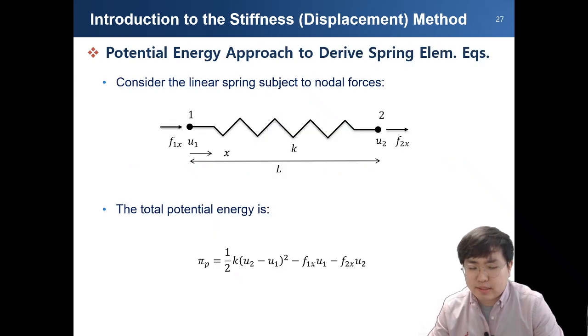Let's go deeper into the spring element in more detail. Using the potential energy approach, we can derive the discretized equation of the spring element. Let's think about a single spring element. Node index 1, the other node index is 2.